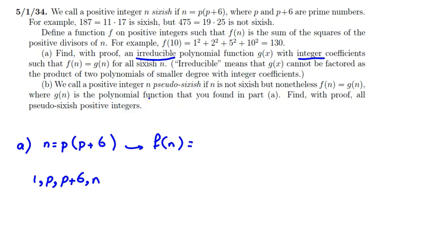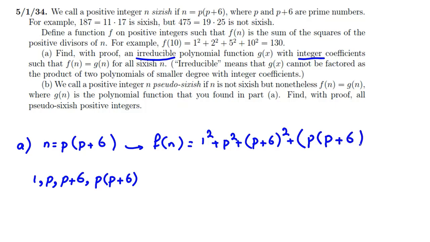Because we want to write f of n as a polynomial in terms of n, we replace p times (p plus 6) with n. So it is 1 squared plus p squared plus (p plus 6) squared plus (p times (p plus 6)) squared.